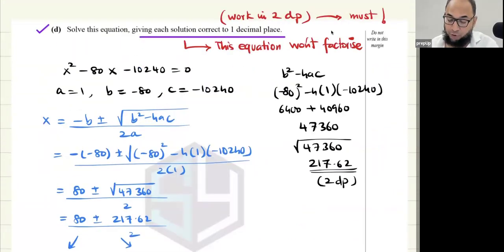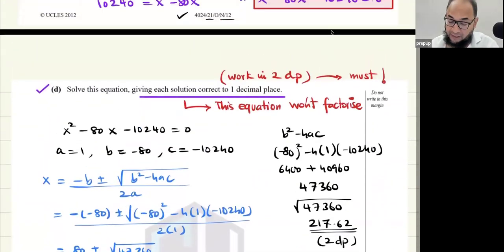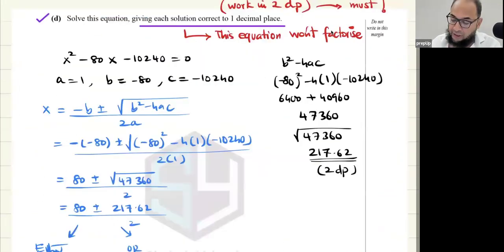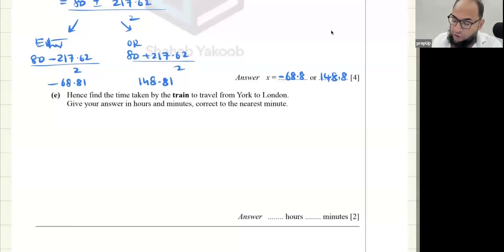One is negative, one is positive. What is x, by the way? Remember what is x? That is the speed in kilometers per hour. So now, at this stage, you will write both the answers. You will write negative 68.8, you will write 148.8. The space is given for both of them.